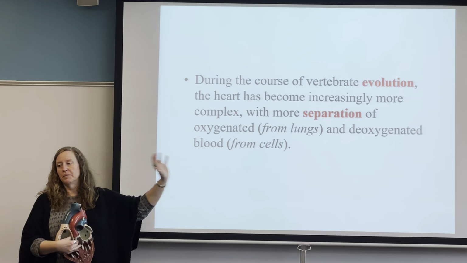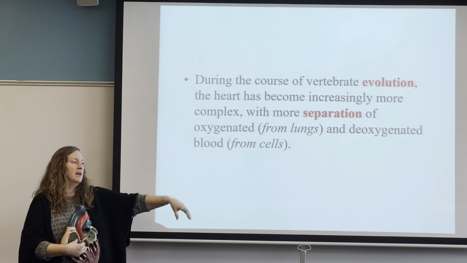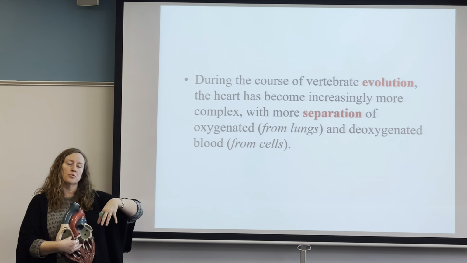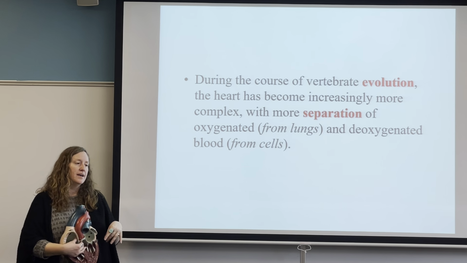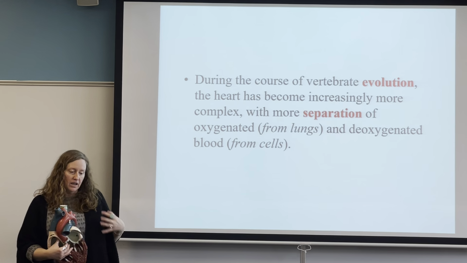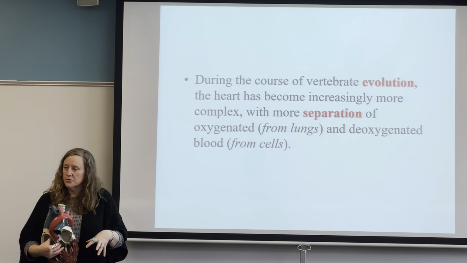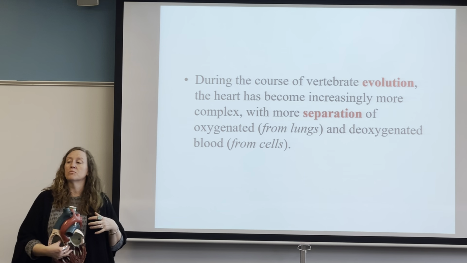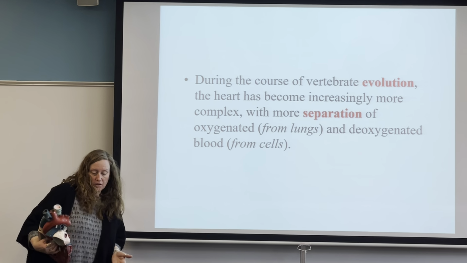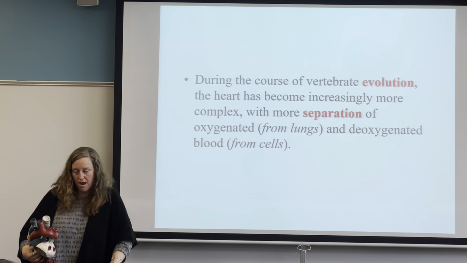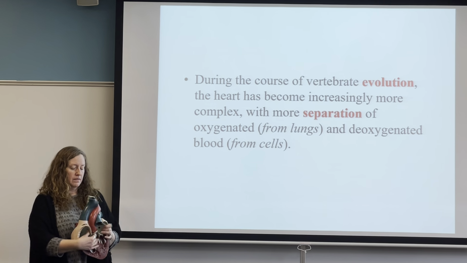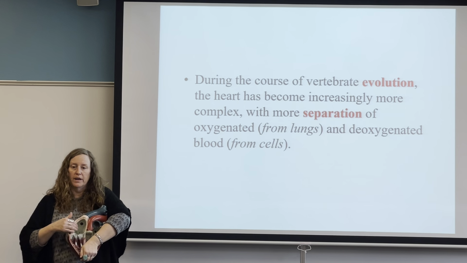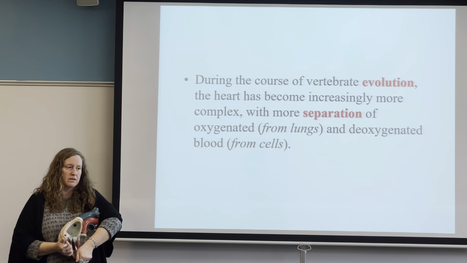And we have a common ancestor with fishes, and then some of them had mutations where they could crawl out of water onto land and have this little pouch off their stomach to allow them to capture oxygen and then use it more efficiently. And they have these little lobe fins that they could walk around on land. And then they had a very simple heart, that only had one atrium and one ventricle. We're gonna get to that in a second.